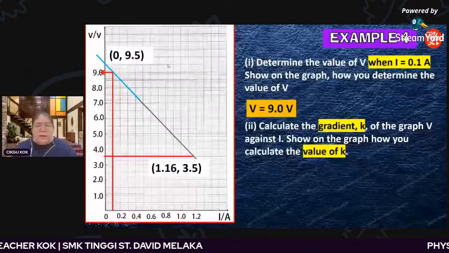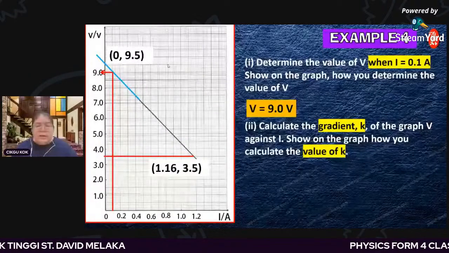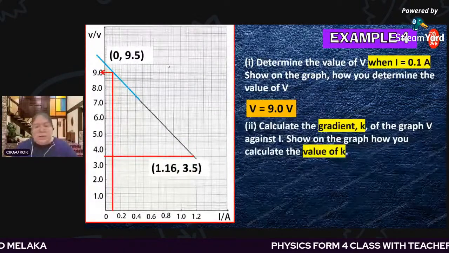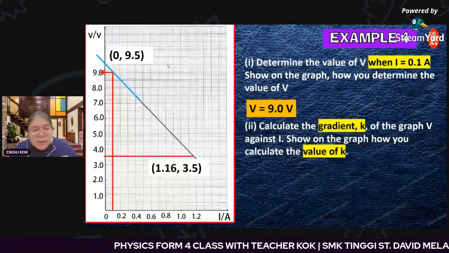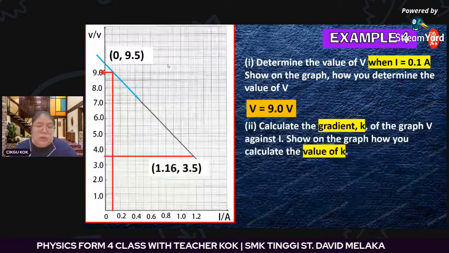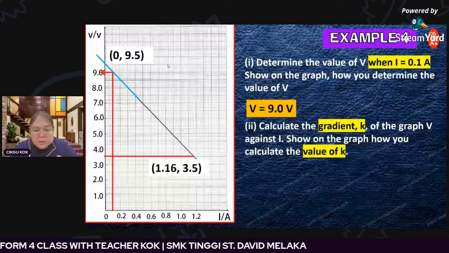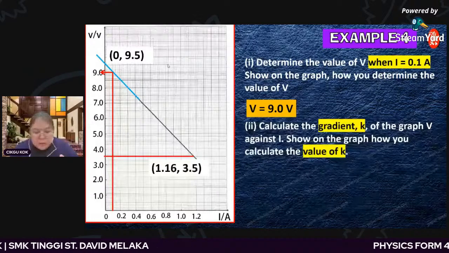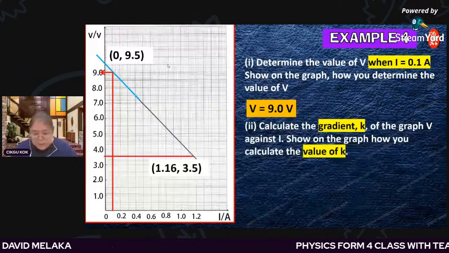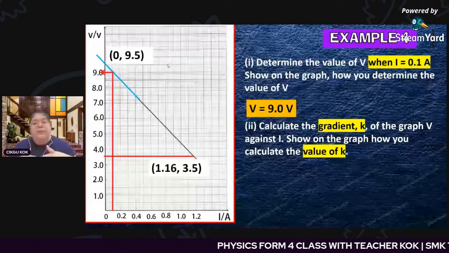I want the answer from you. You give me the answer for the gradient. Do your calculation. Don't forget the important thing, that's a unit. Many of you missed the unit. So hopefully everybody know how to find the gradient. Just type here. What's the answer for gradient?